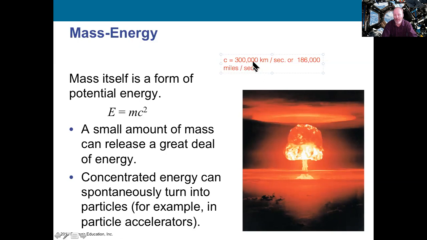So it's a much bigger number than we're dealing with here. But even this, 300,000 kilometers per second, 300,000 times 300,000, we're getting 900 billion kilometers. And then when we transfer that into meters, we're talking trillions of meters, which means you only have to have a really small amount of matter to become a really big amount of energy.